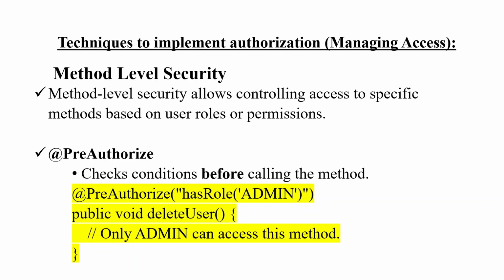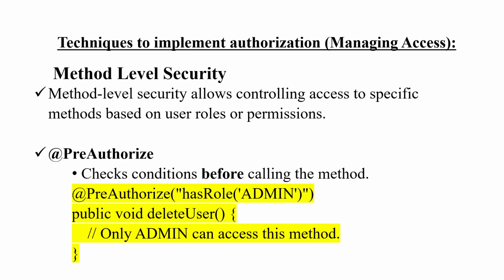Spring Security allows restricting access to methods using annotations like @PreAuthorize, @PostAuthorize, and @Secured. Basically, method level security allows controlling access to specific methods based on user roles or permissions.